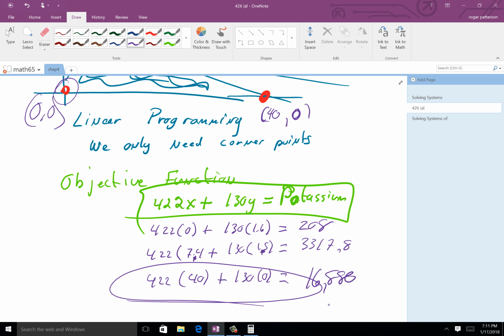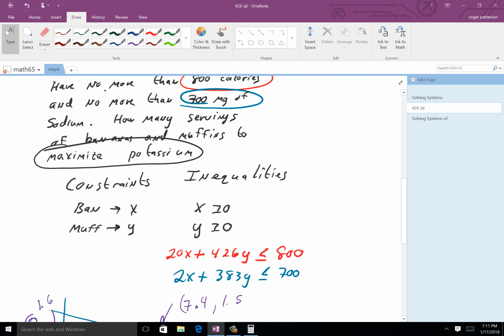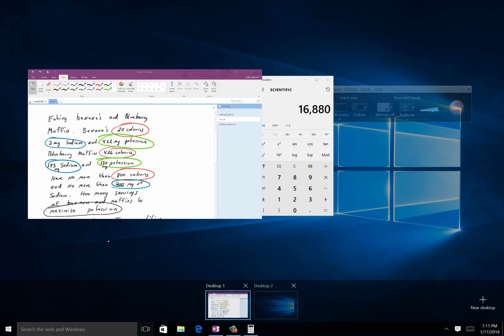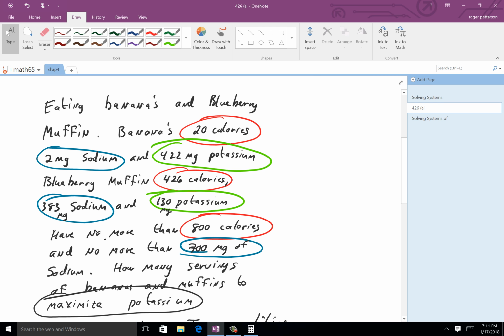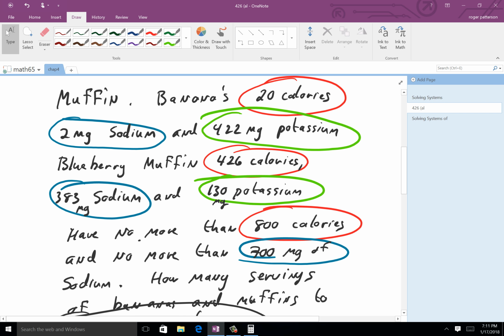So it was a little bit of a nutrition example. It came out to be kind of weird for the final answer, but you kind of got the idea. So yours is going to be a nutrition one, and it's going to be very, very similar to this. So you just kind of got to look for things that are in the same category: calories, calories, calories, sodium, sodium, sodium, and then the potassium was what we wanted to maximize.